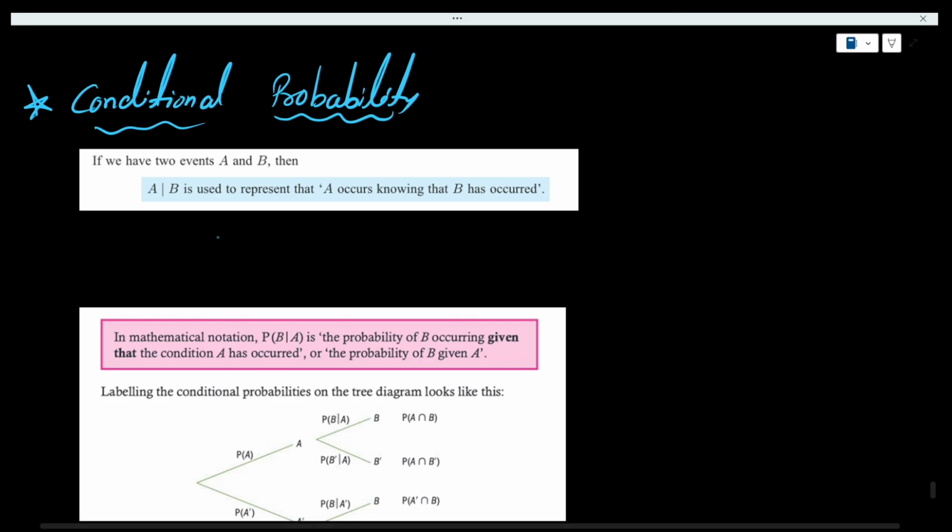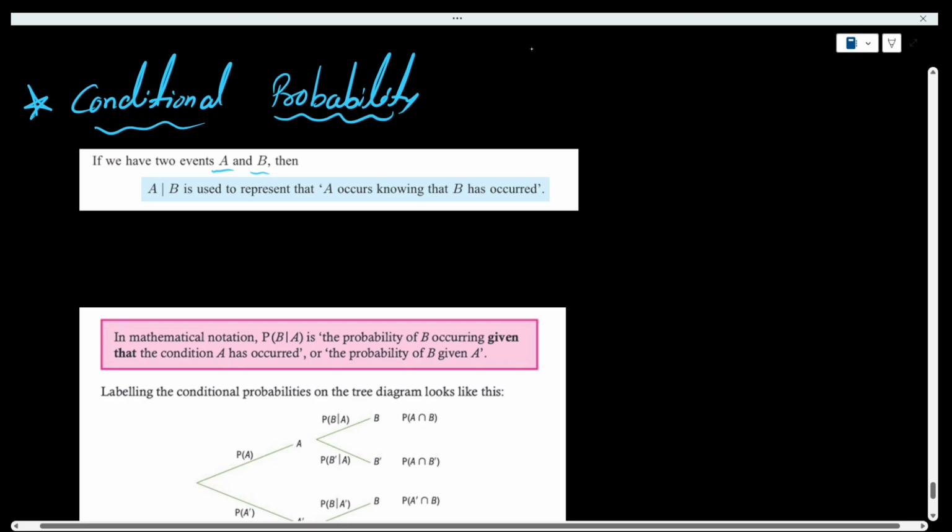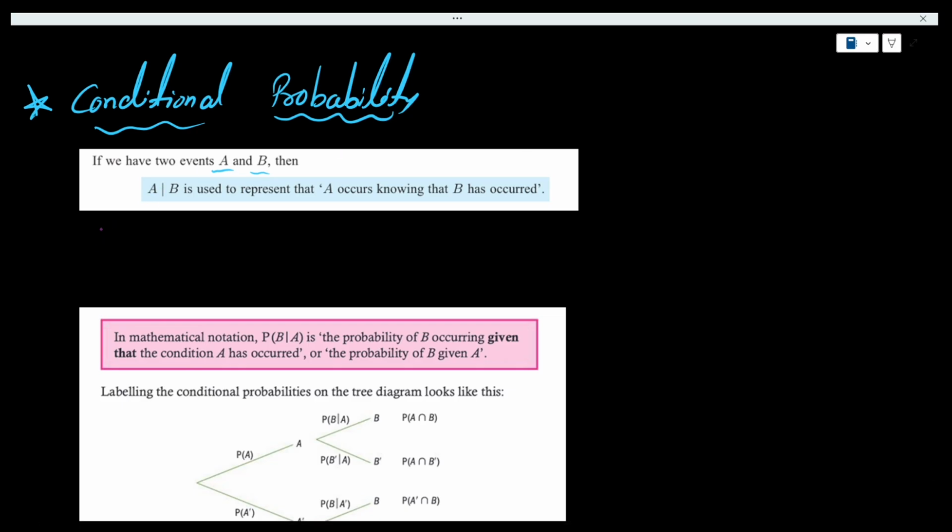Now in conditional probability, you will see that whenever there are two events A and B, right? It's always written like B vertical line A or A vertical line B. What do we call it? This means A occurs knowing that B has already happened. So whatever the right side value is, that has already happened, and now A occurs.